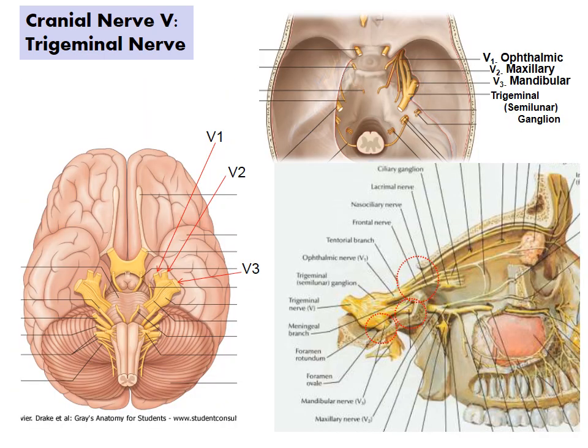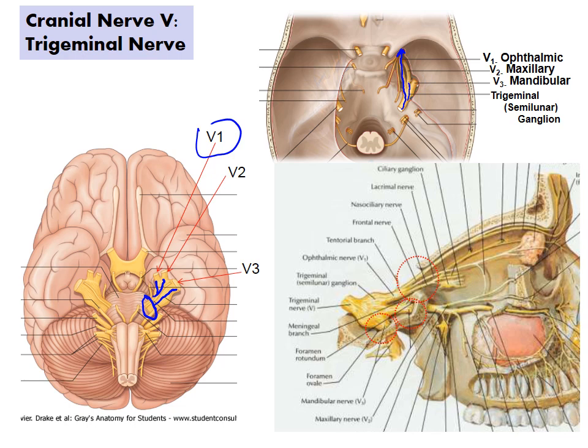So here we see the very large trigeminal nerve exiting from the lateral pons, and soon it'll branch into 3 branches. V1, the first branch, or the ophthalmic branch, exits the skull through the superior orbital fissure. So if we take a look here, anteriorly here is that superior orbital fissure.